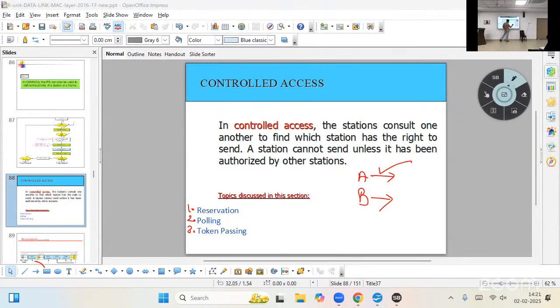Then after that, collision doesn't happen. So to avoid those problems, we have to use some mechanism: reservation, polling, token passing. Note this, what is the first one, second one, third one.